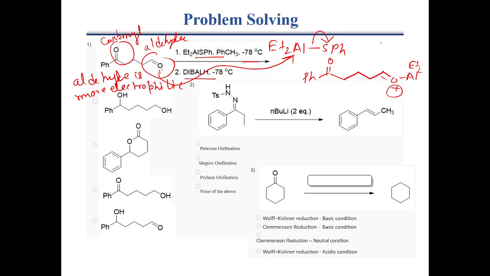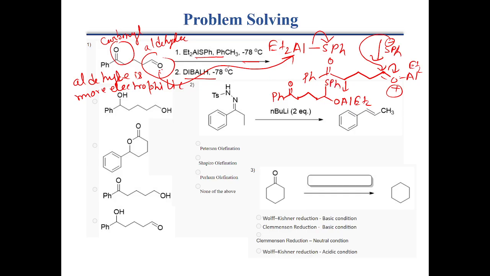This oxonium ion will form, as it is more electrophilic. The removed sulfide will react with this oxonium, which forms this one, aluminum, diethyl, and SPh, sulfur.